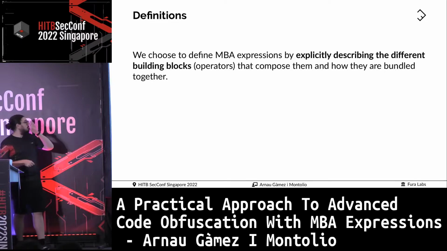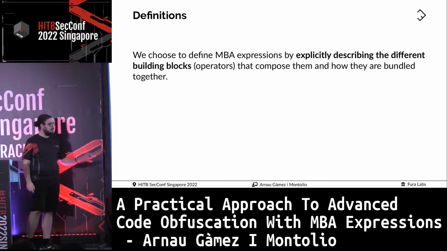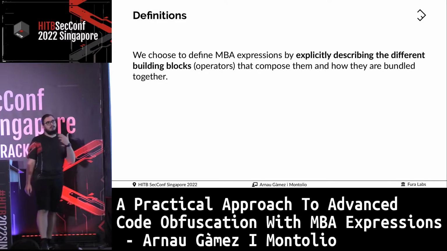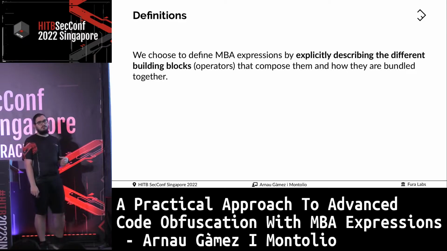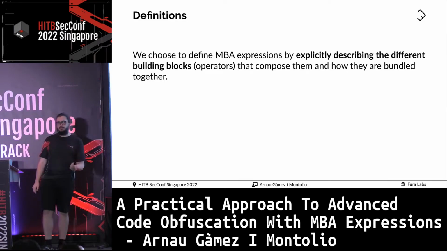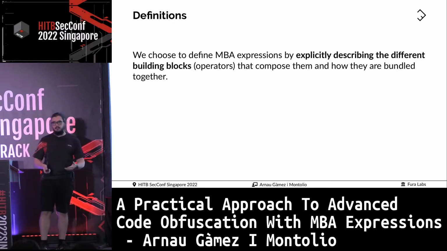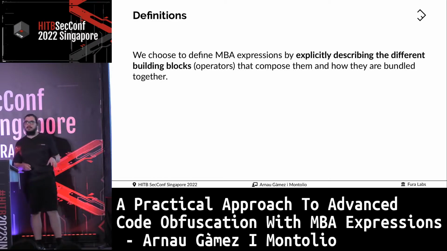So let's start with some definitions. I deliberately decided to put the definitions of MBA expressions in a constructive way. I mean, in a way of just describing explicitly what the basic blocks are, what the different kinds of operators are, and in which ways we combine them, instead of giving a more formal definition that exists.